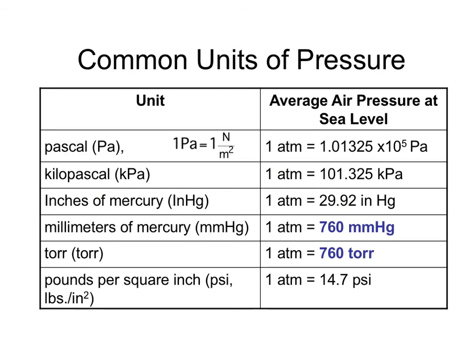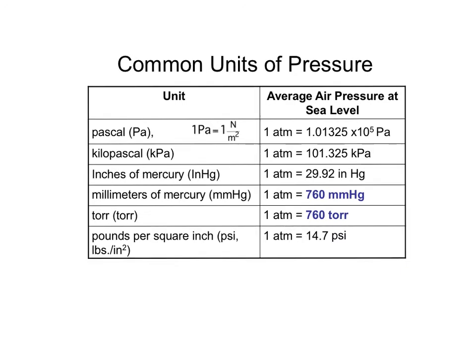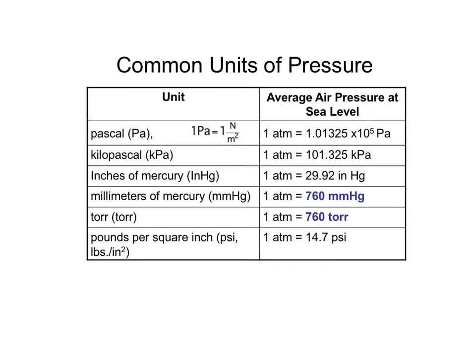All right, so Pascal, you can see here, is one of the units. We are used to talking about pressure maybe in psi, pounds per square inch. Oftentimes you see that in the news, in your readings.